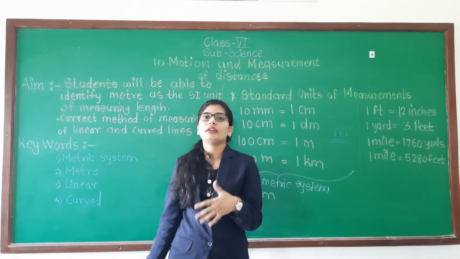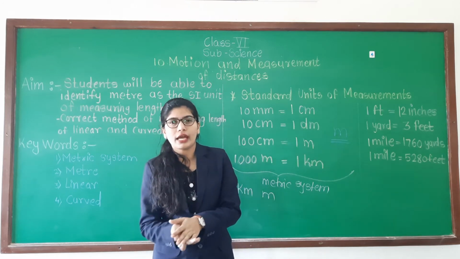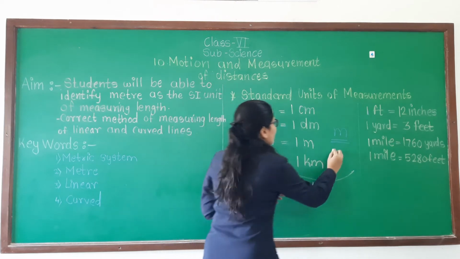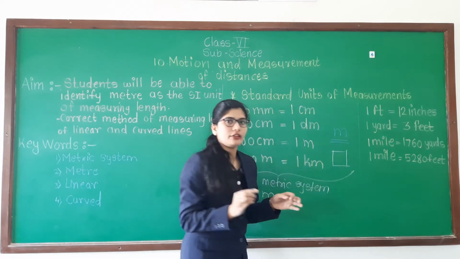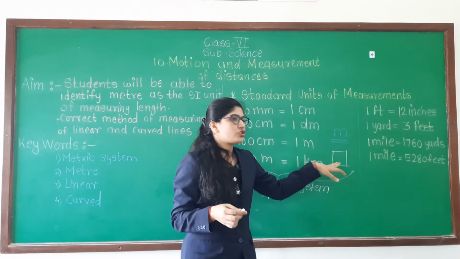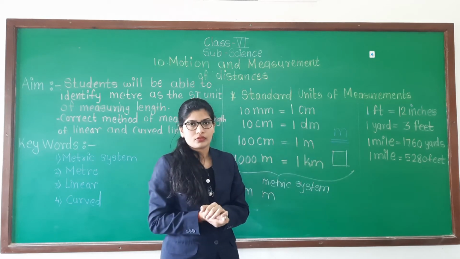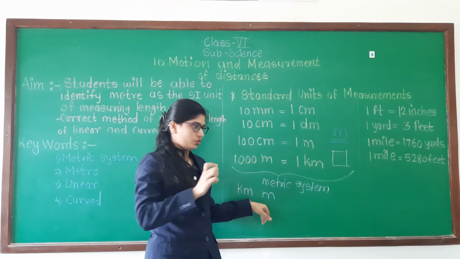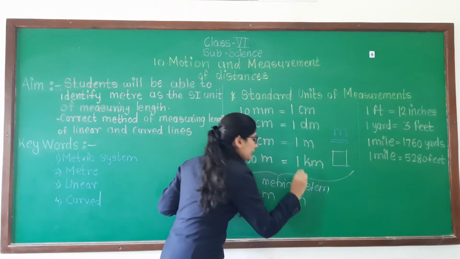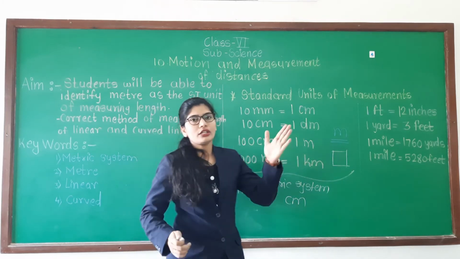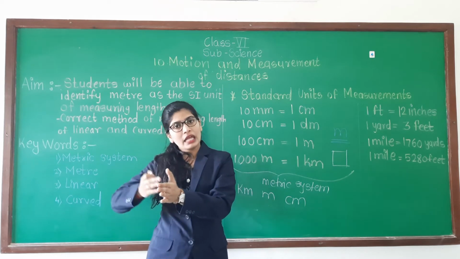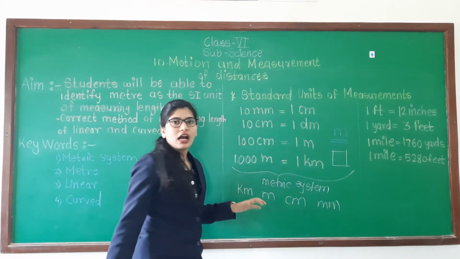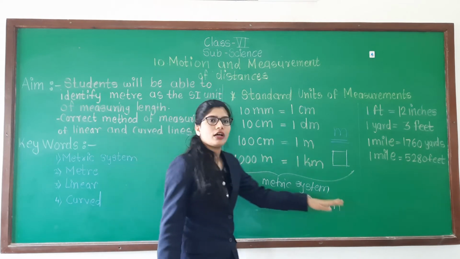When we are learning geometry and shapes, say there is a square, and I tell you to measure the length of that square, are you measuring in kilometer or meter? No, you are measuring it in centimeter. So as the distance is less, we change the units of length.